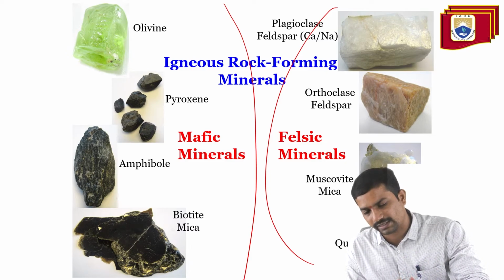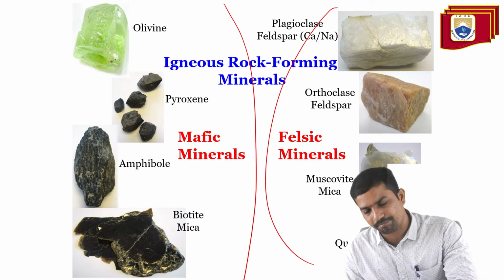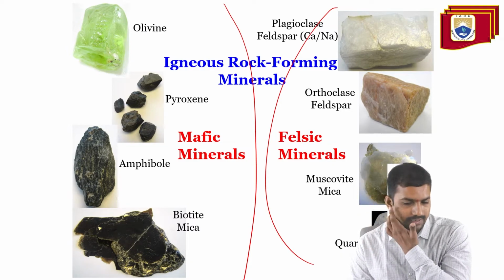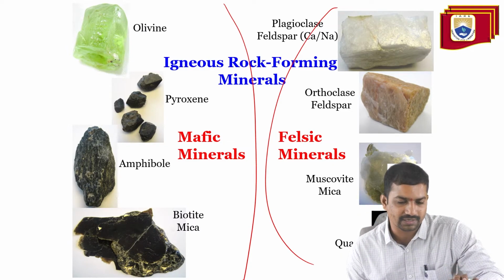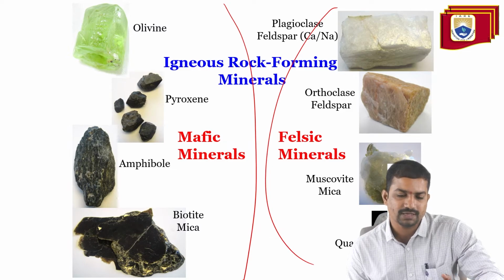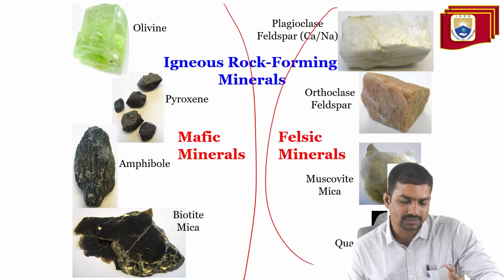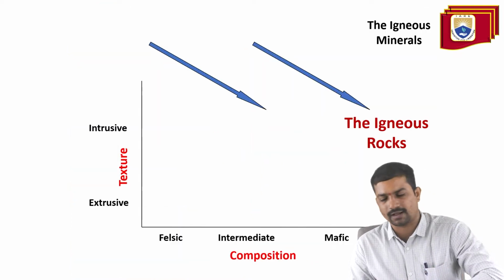Example is quartz. One can remember plagioclase, which is Ca and Na related, and mafic type of materials, which are iron rich materials, such as olivine, pyroxene, amphibole and mica, etc.